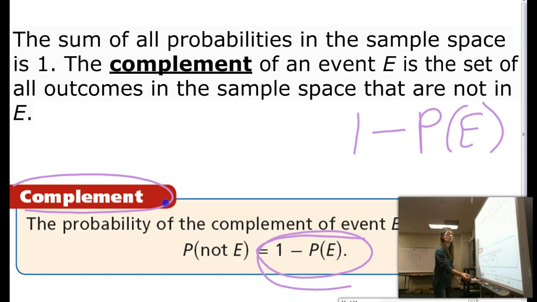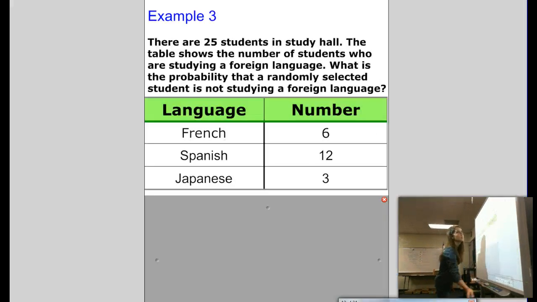Okay, let's try one. There are 25 students in study hall. The table shows the number of students who are studying a foreign language. What's the probability that a randomly selected student is, here's the key word, not studying a foreign language? So we're going to find the probability that they are studying a foreign language, and we're going to subtract it from 1.